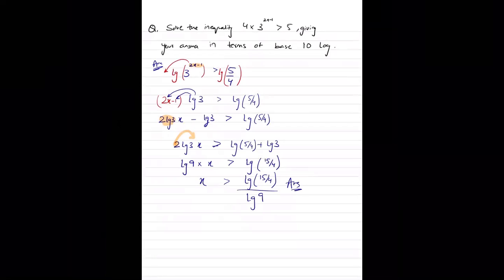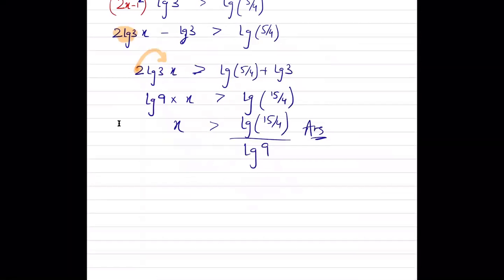The question says to leave the answer in terms of log, so I'm going to leave it right now. Can this be further solved? You're using the division rule? But the division rule is not applicable when you have log in the numerator and log in the denominator.